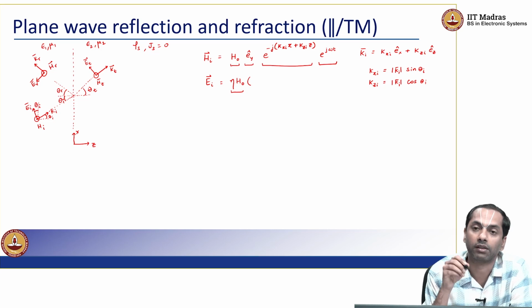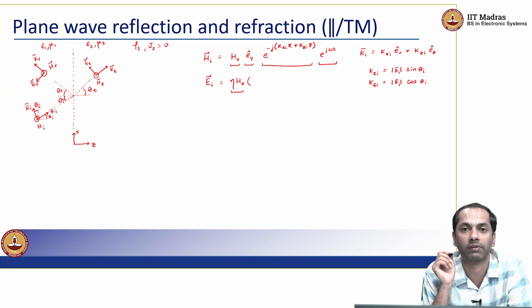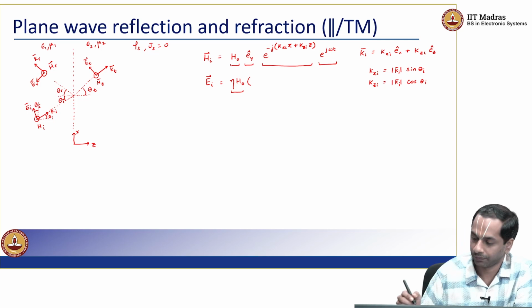Okay. So again the electric field vector is in the xz plane. So I need a unit vector along the direction in which the electric field vector is pointing. So I can do this using the cosine and sine angles, right.